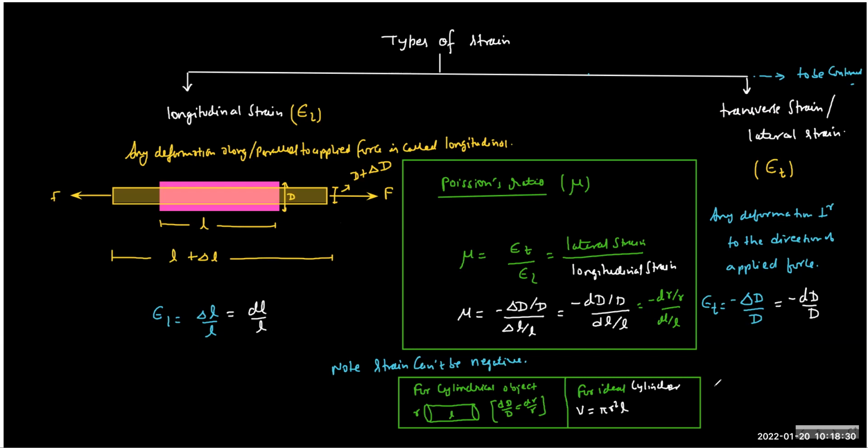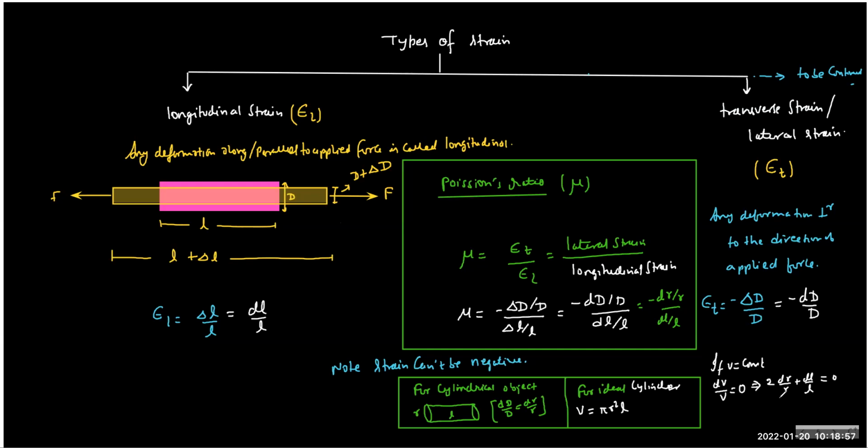If volume is constant, then the volumetric strain, which we will study later on, is 0. The dV by V is 0. And this will give you the answer that 2 dr by r plus dl by L is 0.